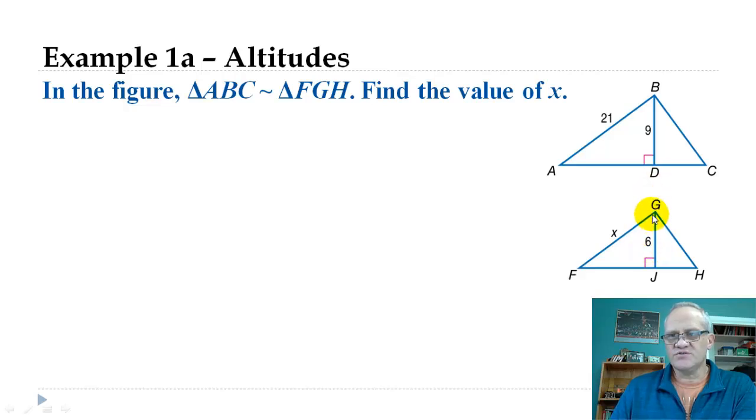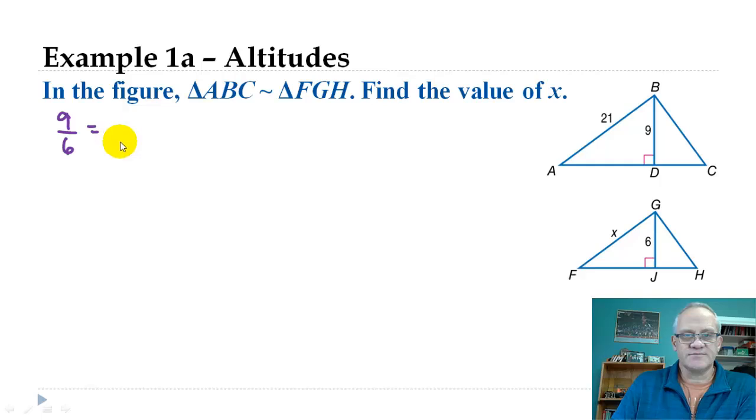Whatever way you set that up, you have to keep it the same the whole way through. So if we start out with, say, 9 over 6, and if you wanted to, you could reduce that fraction as well. That would be totally fine. But if I do 9 over 6, what are the sides that match up? You notice AB matches up with FG, so it'd be 21 over X.